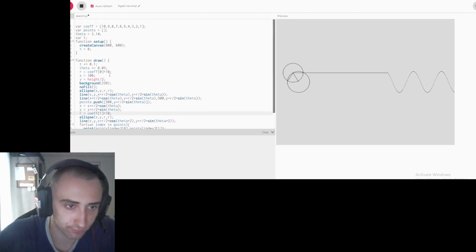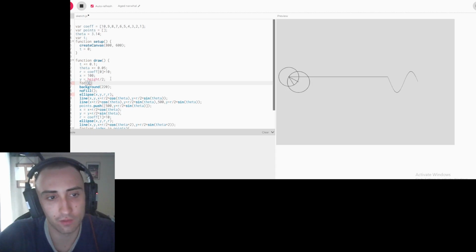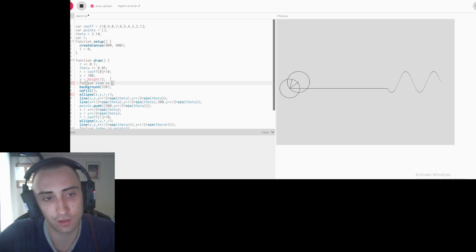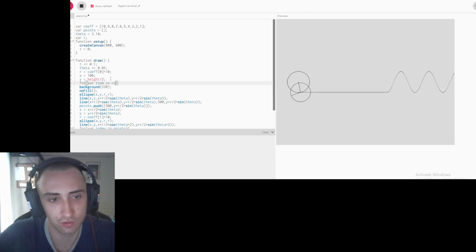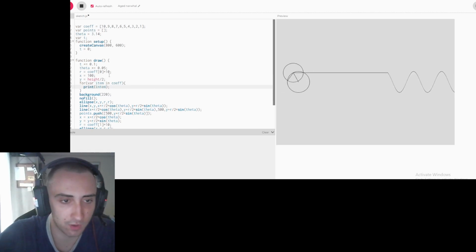So, for var item in coefficient, print item. Let's see what this prints.